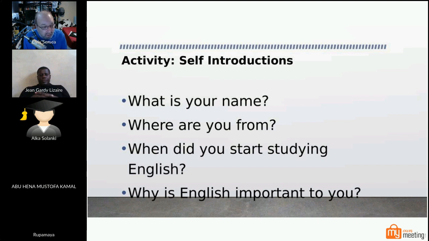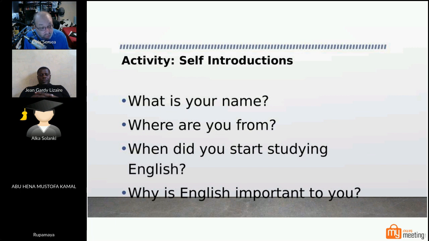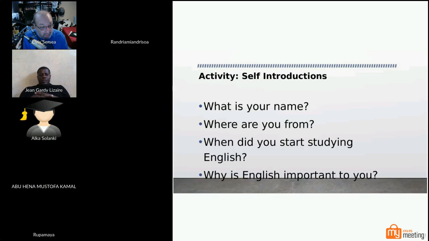Where in Nepal? Kathmandu. Oh, is that the capital of Nepal? Wonderful. How many people live in Kathmandu? Okay, so it's a large city, right? Kathmandu.